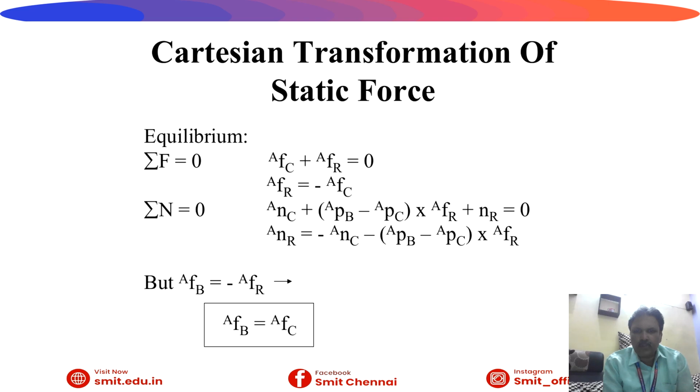Then AFC plus AFR equals 0, so AFR equals minus AFC, and ANC plus APB minus APC into AFR plus NR equals 0. Along with that, ANR equals minus ANC minus APB minus APC into AFR. In the diagram, we are taking the forces acting on the system. And also AFB equals minus AFR, and AFB equals AFC.